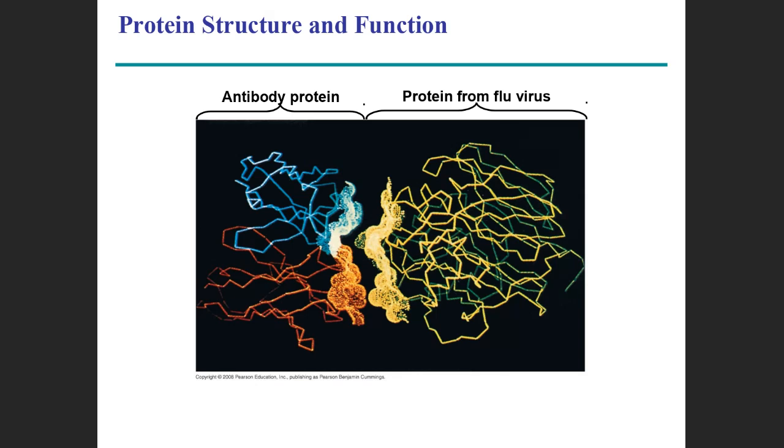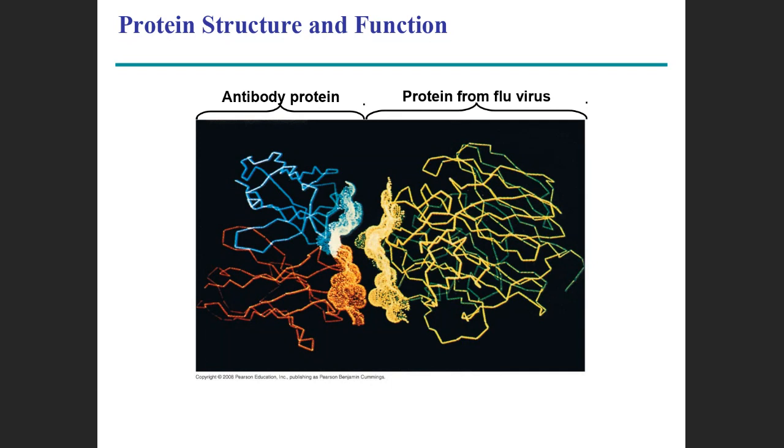So again, structure and function. So here we're looking at an antibody, and we're looking at a model of it. And antibodies are very specific to a particular pathogen, or more generally an antigen. And the reason why they're so specific is because there are antigen binding sites on the antibodies.